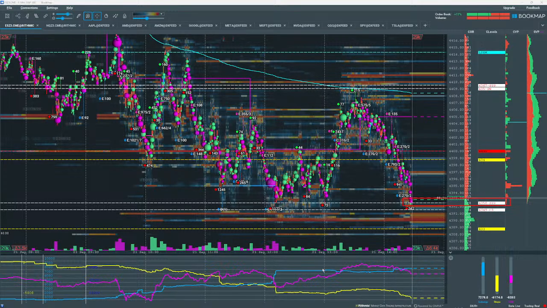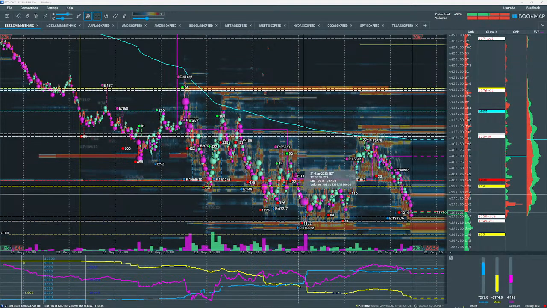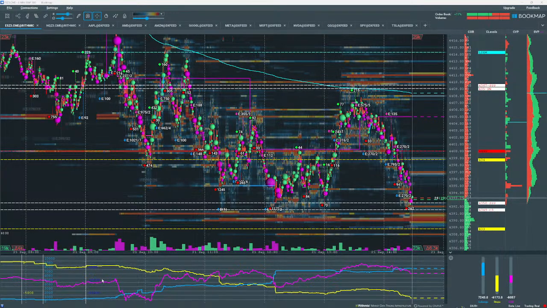All right, so it looks like the large traders that have been buying with iceberg orders really shut it down, stop buying with iceberg orders.